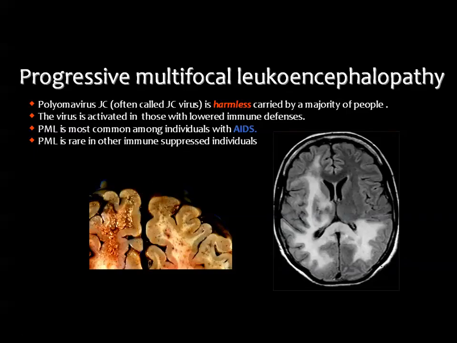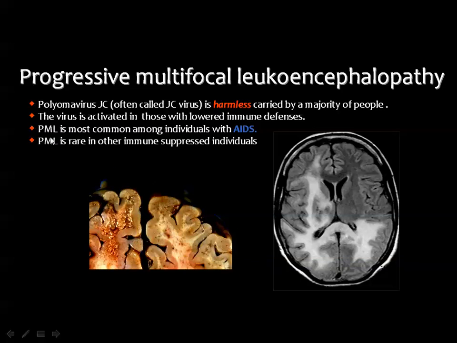Then we came to a lesion which is almost confined to patient with AIDS, and this is the progressive multifocal leukoencephalopathy. And this is caused by one of the viruses which is carried by a majority of the people. This virus is activated when the immune system is, or the immune defenses are lowered.